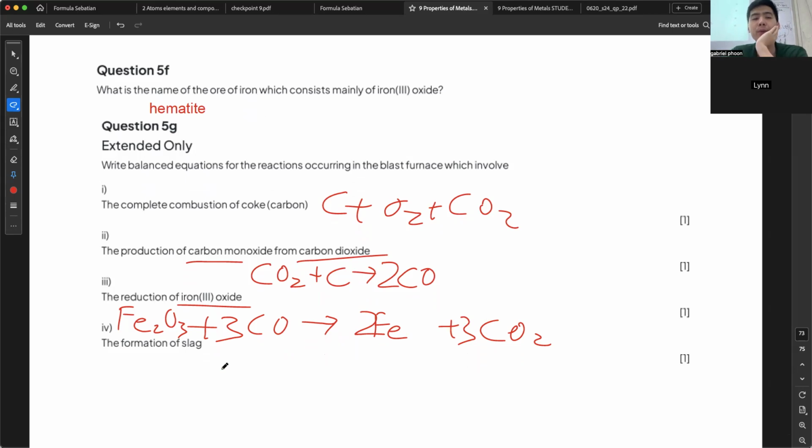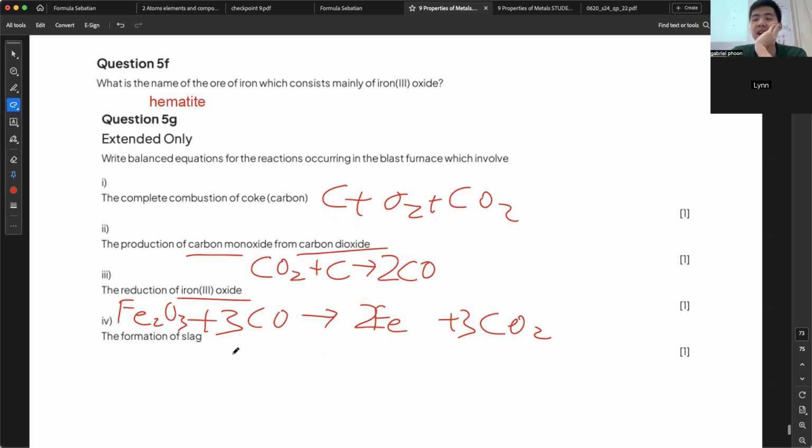And the formation of slag. You probably need to remember the equation for slag, because it's quite commonly asked in your exam. If not, just remember that you react the calcium oxide with the silicon dioxide, and then combine everything together: CaSiO3. You need to remember this.